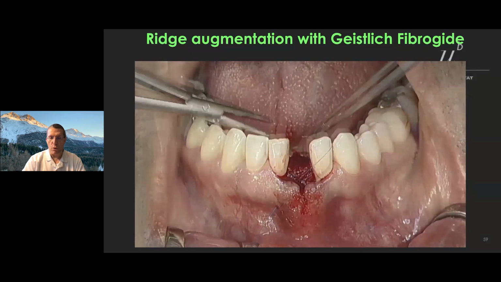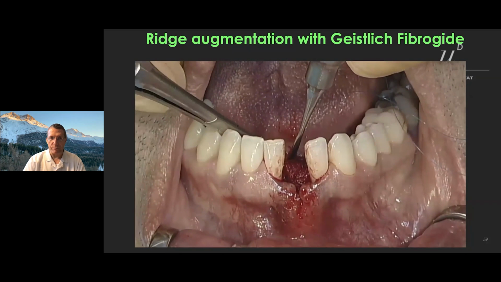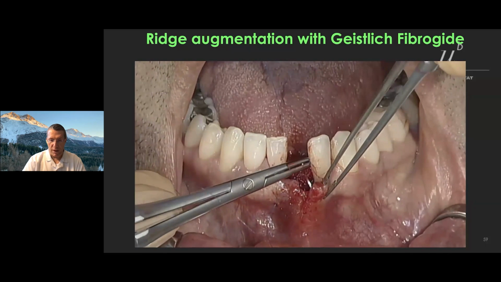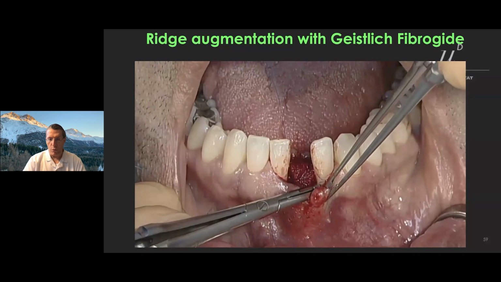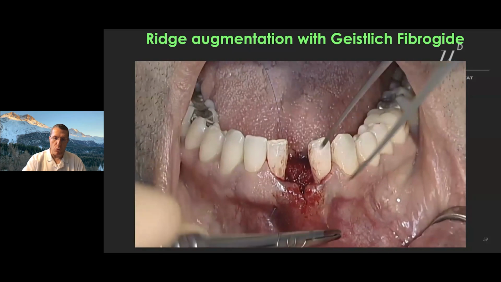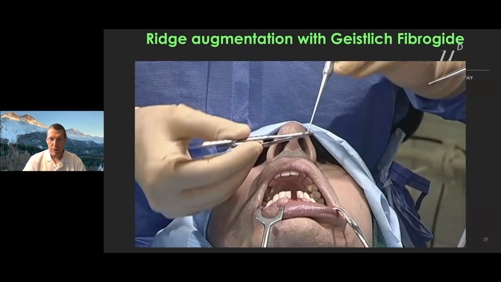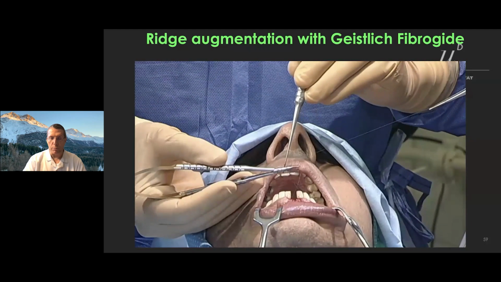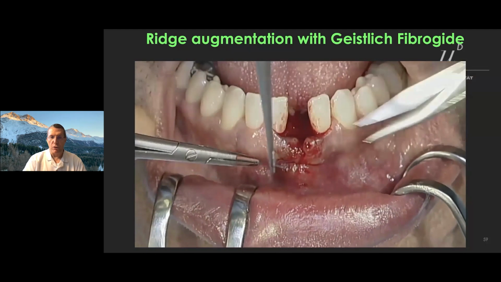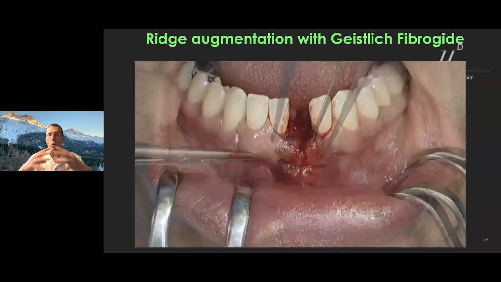One aim is to fix the material, to release the tension from the flap in order to allow a very good stability. So in fact, I have a cross horizontal matrix, but I do not pass with the tip of my needle through the matrix. Okay, I'm over the matrix.